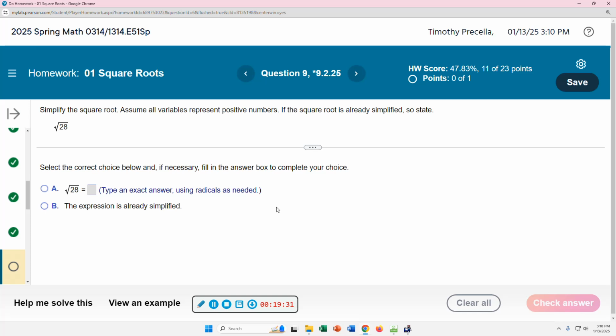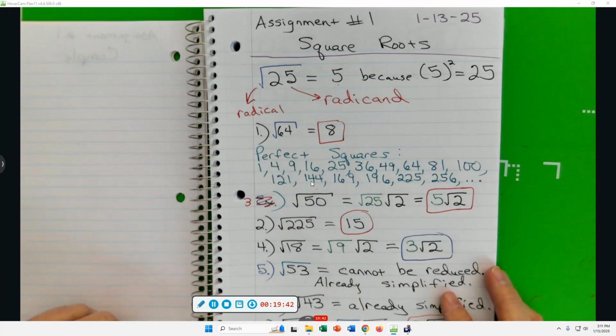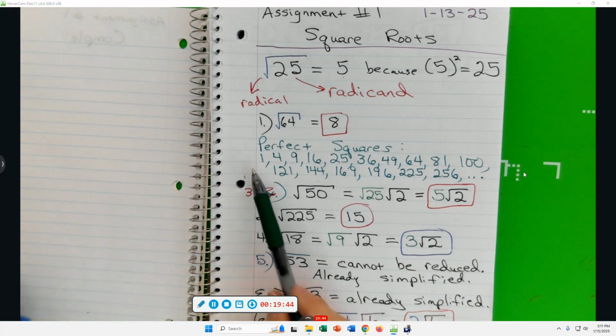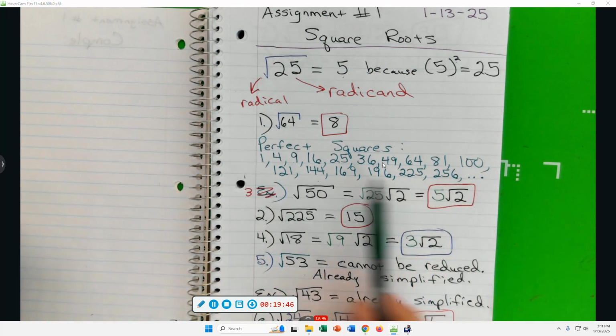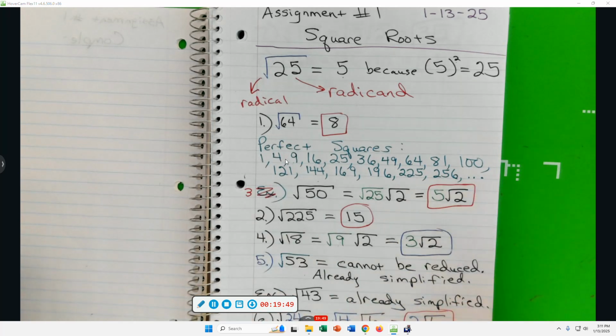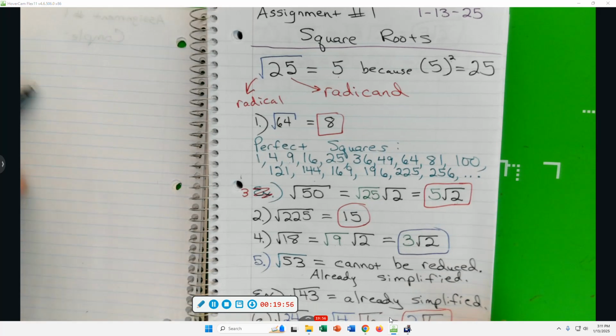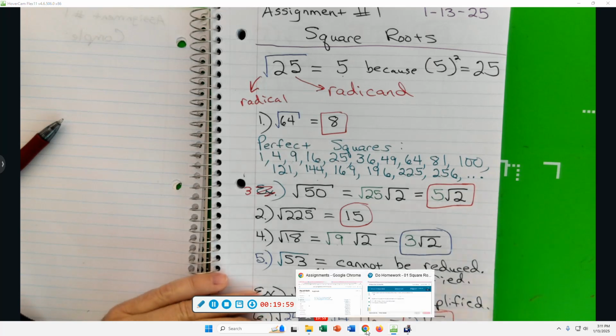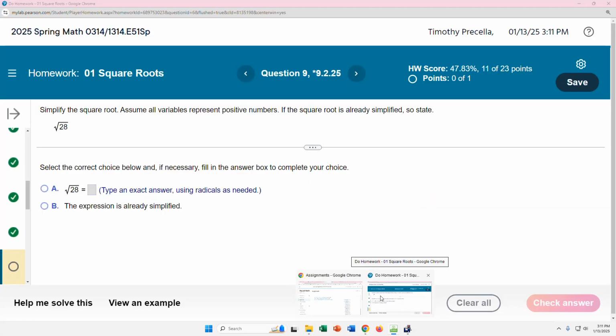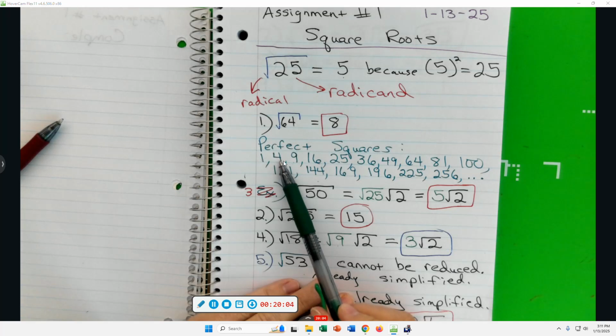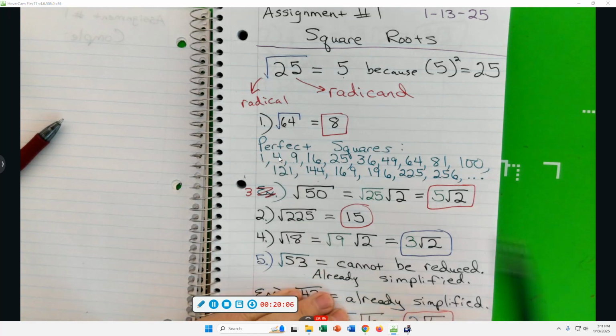Number 9, the square root of 28. Okay, is 28 a perfect square? No. What's the biggest perfect square that divides evenly into 28? 4.